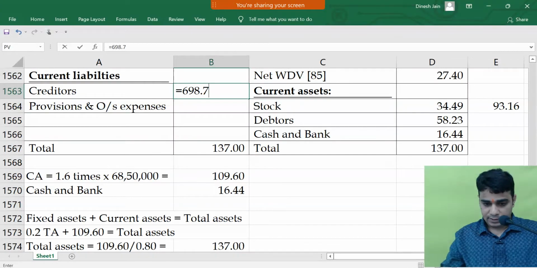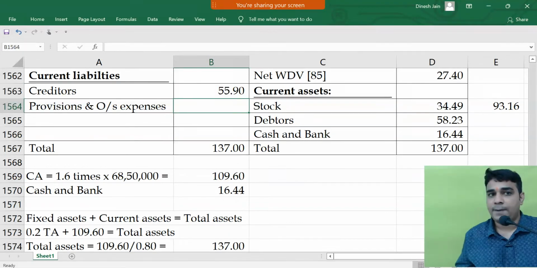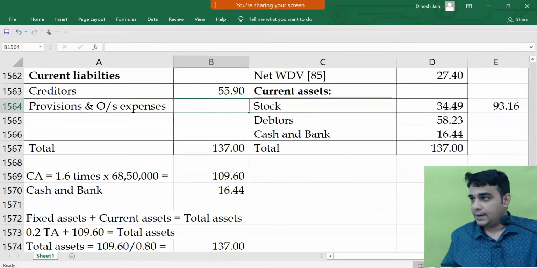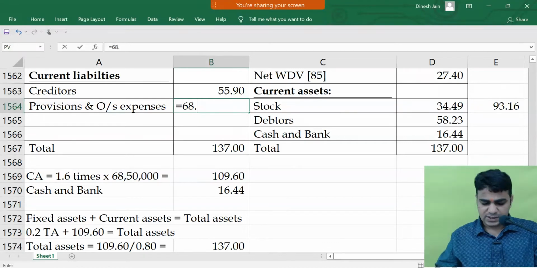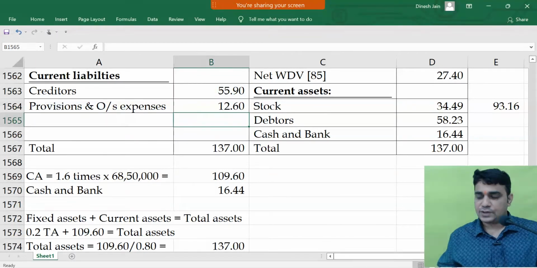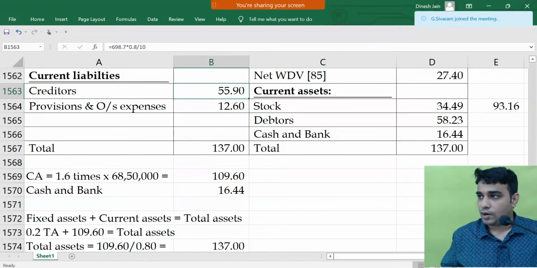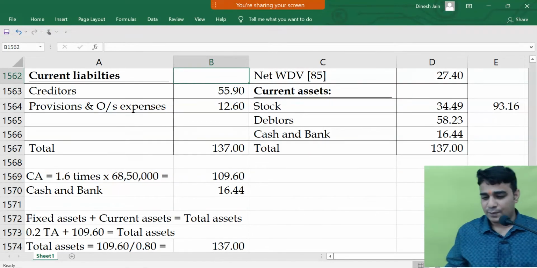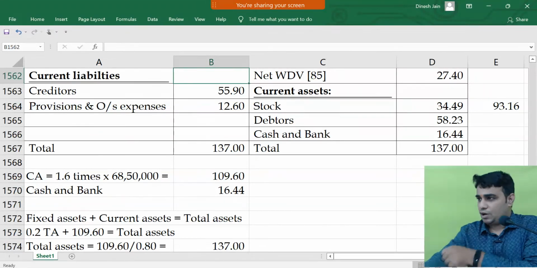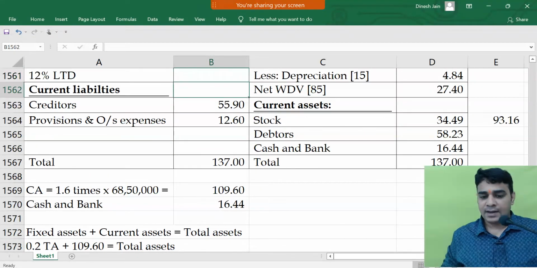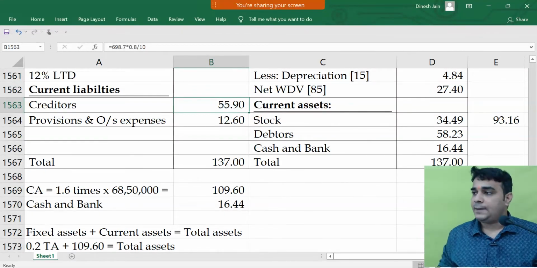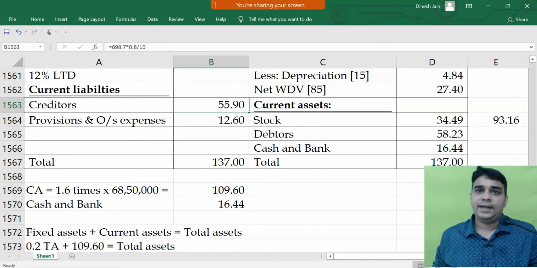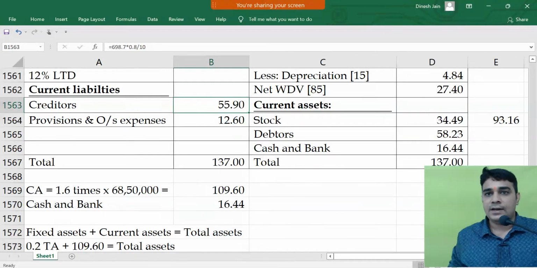So 698.70 into 0.8 divided by 10 is 55.90. Some rounding differences can be there here and there. I've worked in lakhs; the solution could be in normal numbers, that's not a problem.